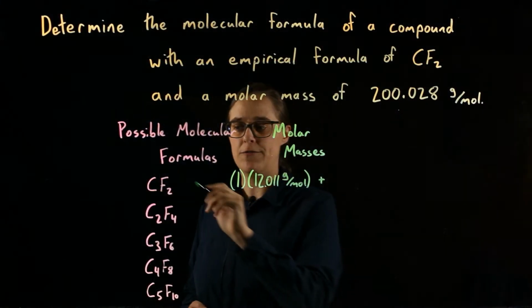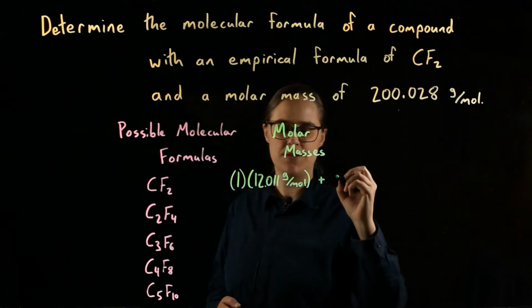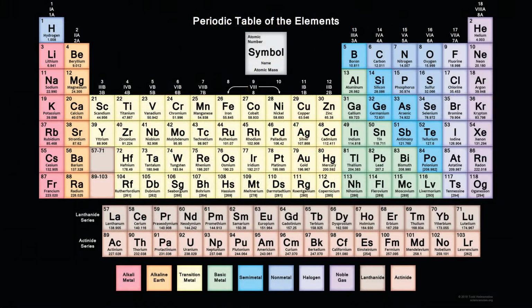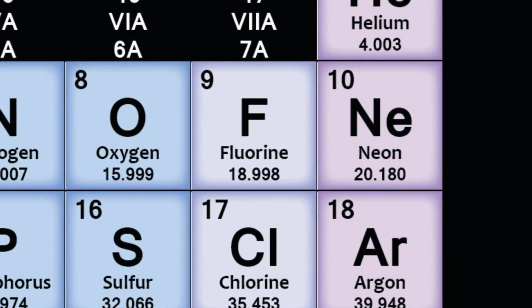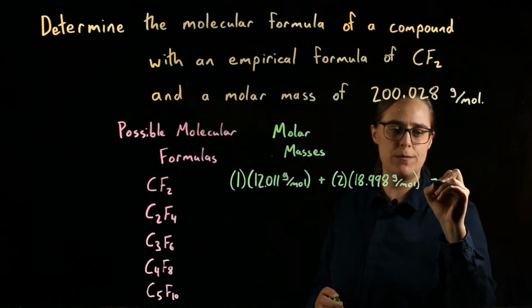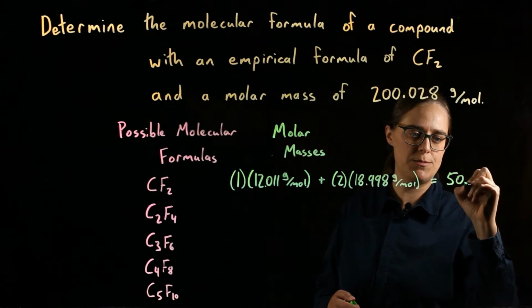And because we have 2 fluorines, I want to add 2 times the mass of fluorine on the periodic table, 2 times 18.998 grams per mole. For CF2, we would calculate a molar mass of 50.007 grams per mole.